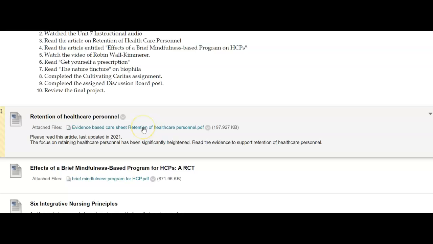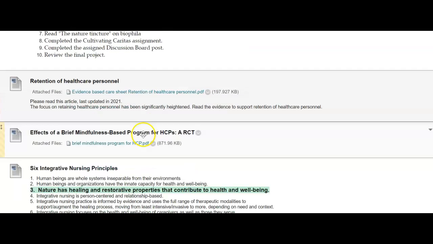This is an evidence-based care sheet, and you know how I love CINAHL's evidence-based care sheet. It was updated in 2021, and it's on retaining healthcare personnel. I want you to absolutely look at the evidence on retention, because we know how important retention is, especially during this time.